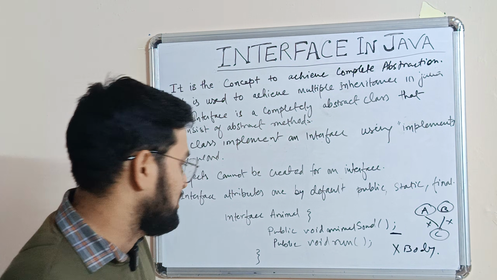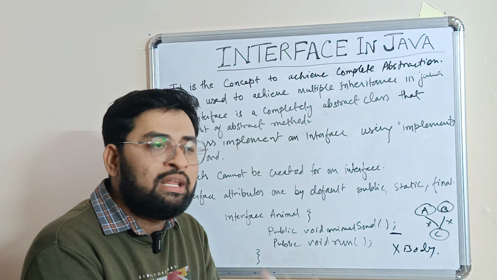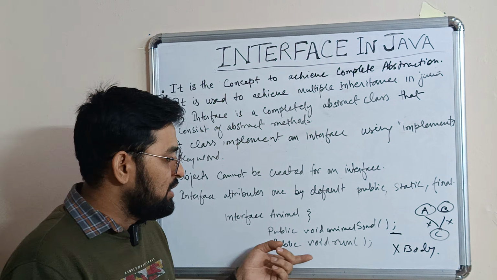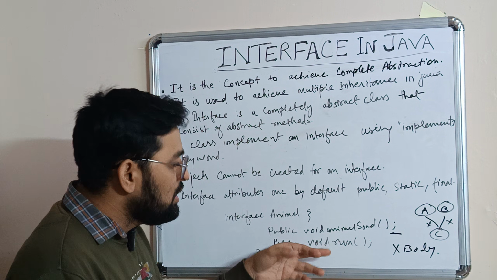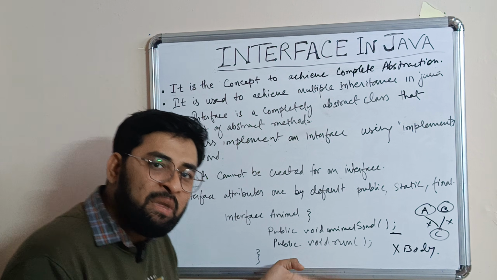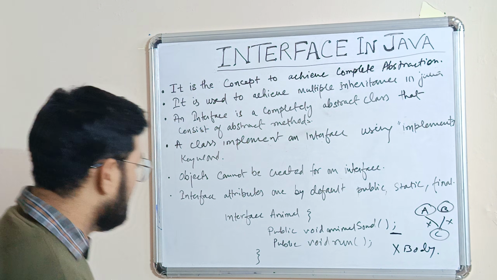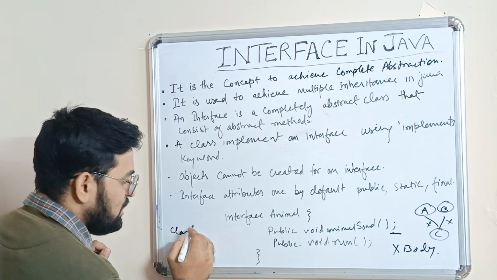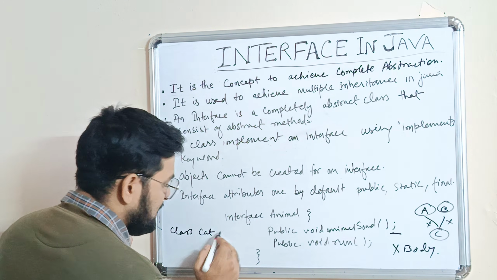That means it's abstract. You have given a kind of method that can be used for multiple classes which implement it: void run, void animalSound. The method body must be in some other class which implements it. As per this code, we can write class Cat, with Cat as an animal's name.